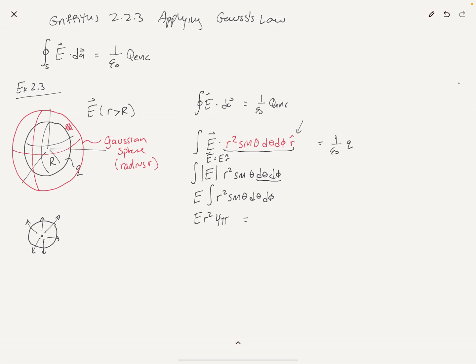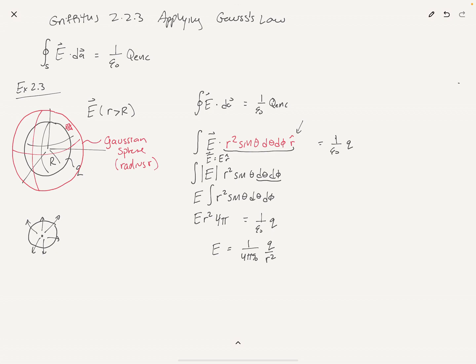So E r squared 4 pi equals 1 over epsilon naught Q. I rewrite that as my electric field: 1 over 4 pi epsilon naught Q over r squared, which is exactly what we had previous to this.